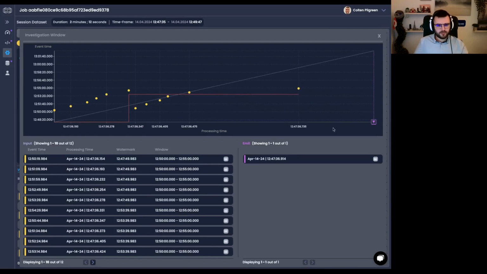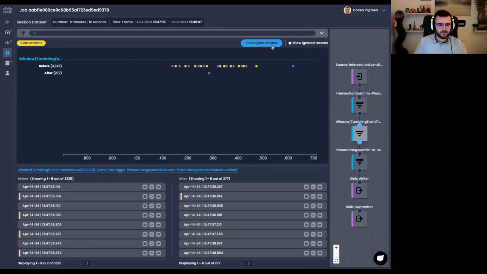As I explained earlier when I was explaining the difference between event and processing time, we would hope to see that as we increase in processing time, event time would also always go up with it. Whenever you have this case, it means that the data is out of order, but you probably misconfigured your watermark strategy.